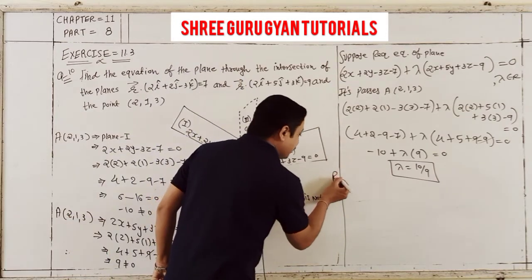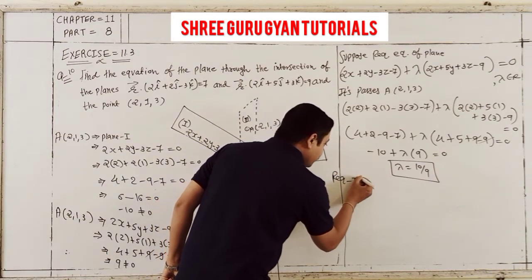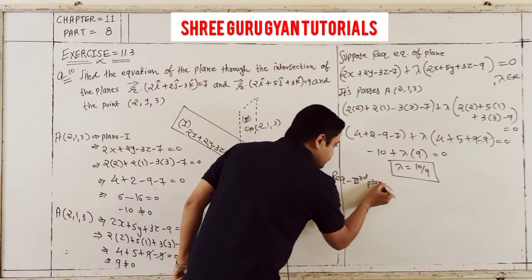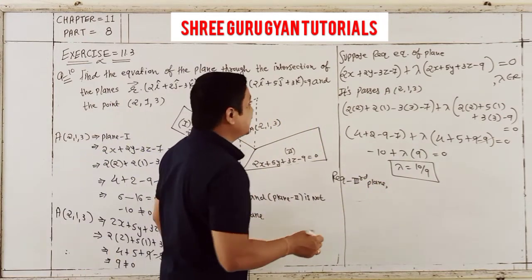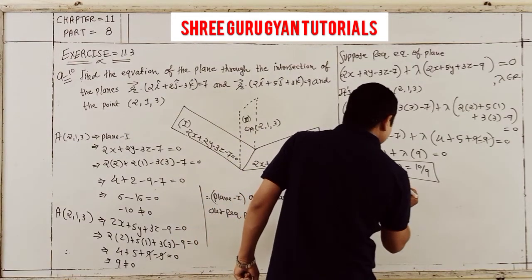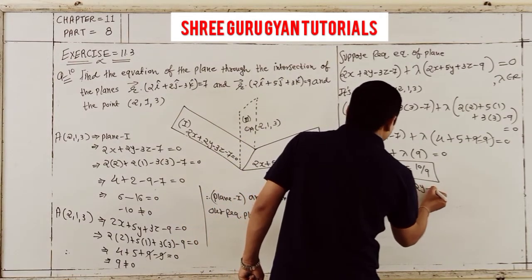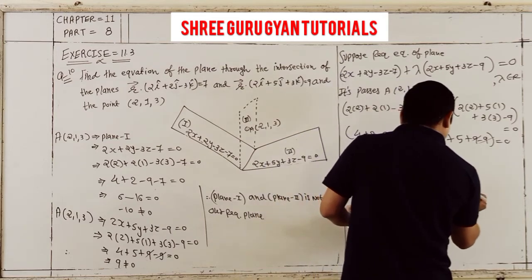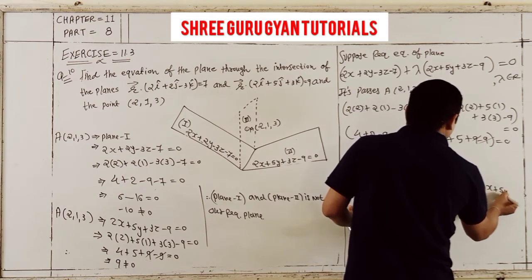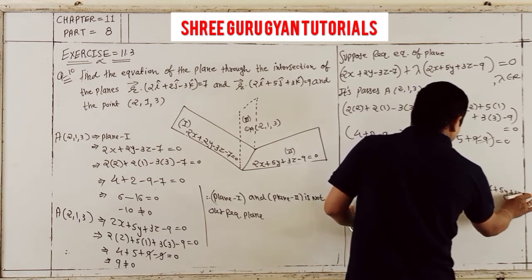So the required third plane, which is passing through the intersection between plane 1 and plane 2, I just mention here 2x plus 2y minus 3z minus 7 plus 10 by 9 times 2x plus 5y plus 3z minus 9 is equal to 0.